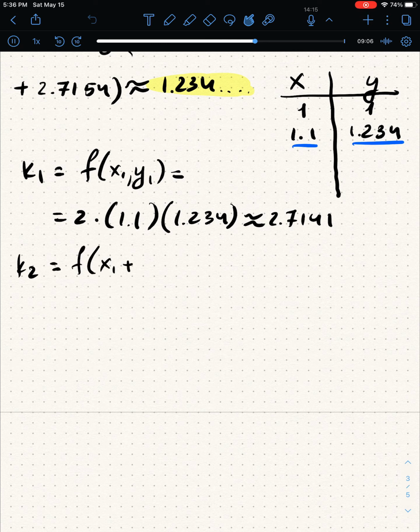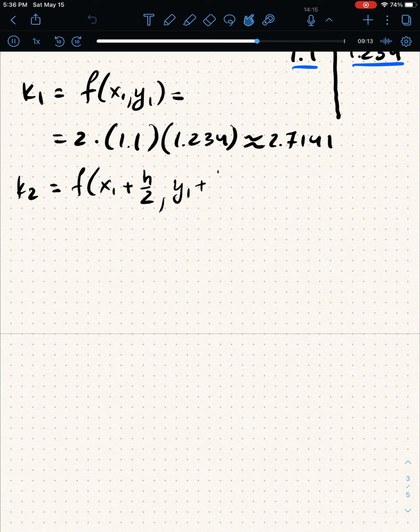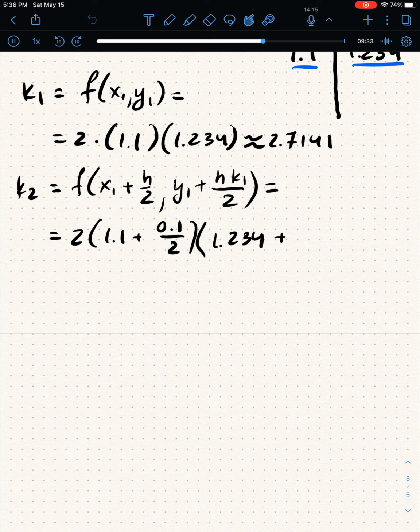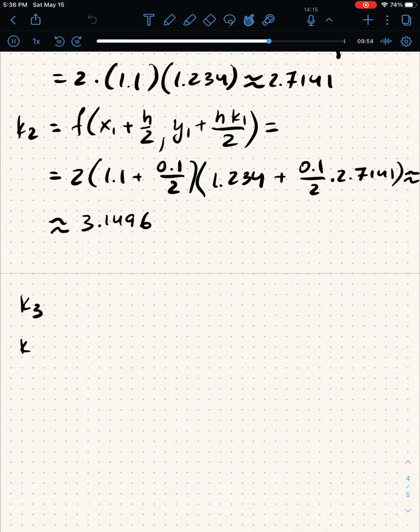We get f of x1 plus h over 2, comma y1 plus h k1 over 2, which is just 2 times 1.1 plus 0.1 over 2 times 1.234 plus 0.1 divided by 2 times 2.7141. That is approximately 3.1496.